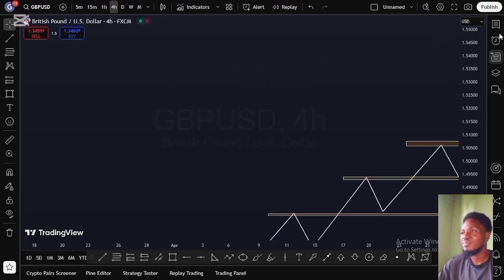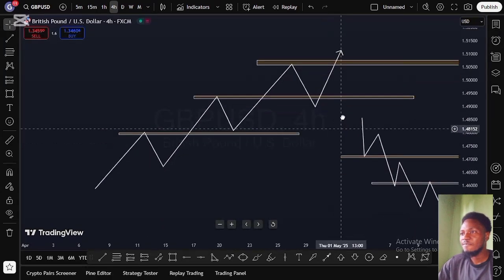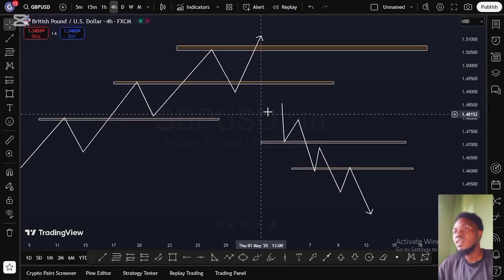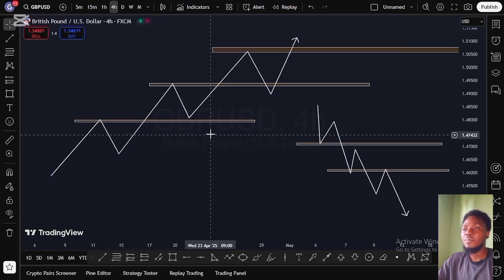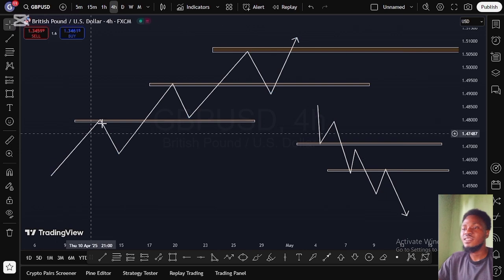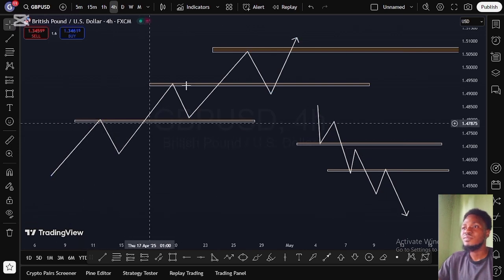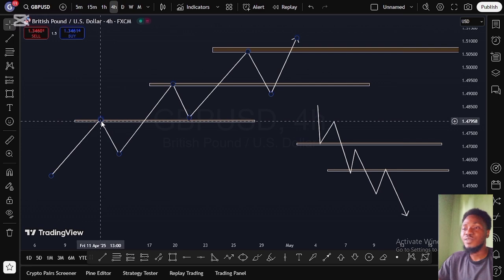Sorry, my hand keeps moving this thing around. Okay, so what I was saying is this: in a bullish market, resistance becomes support. Right here, it got broken with this impulsive move. This was a resistance. Remember, passive selling and profit taking happened here, and it caused this pullback, right?